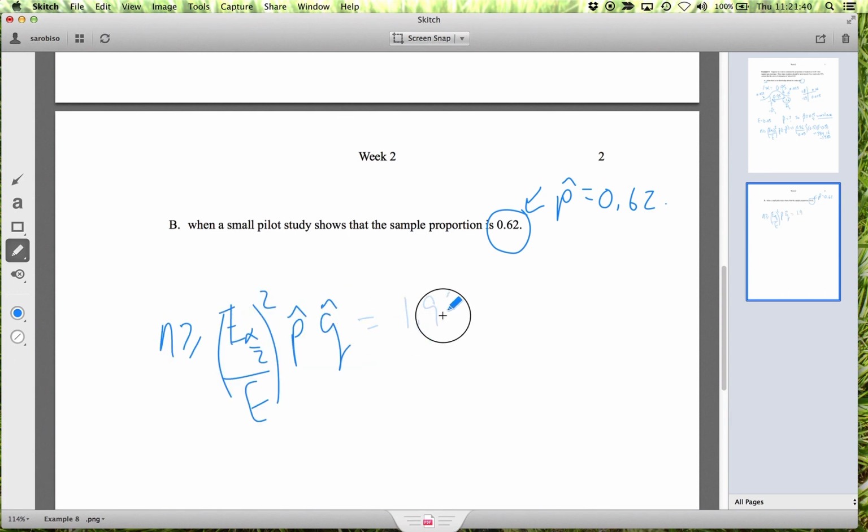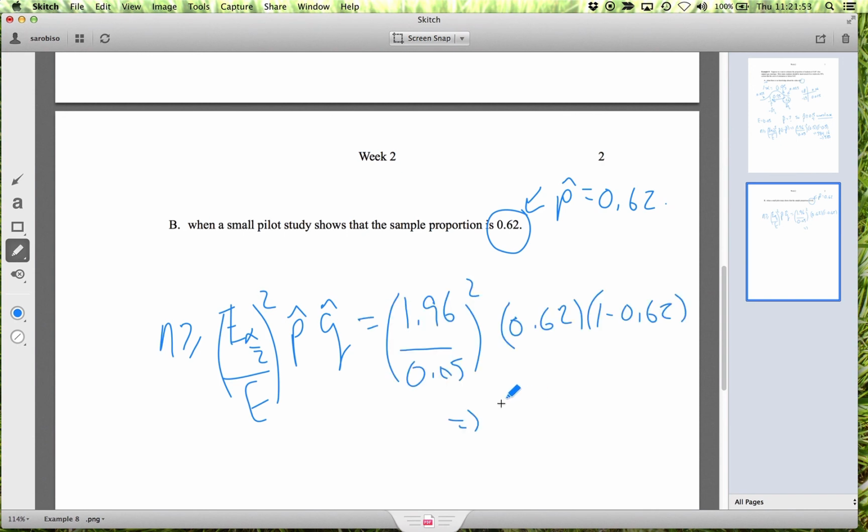So that's 1.96 divided by 5% squared and multiplied by our information about the sample. That's 362.03, which rounds up, of course, to 363.